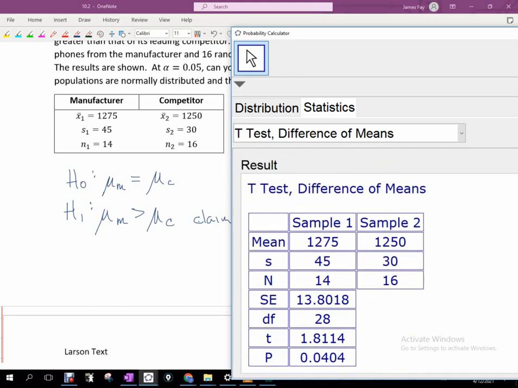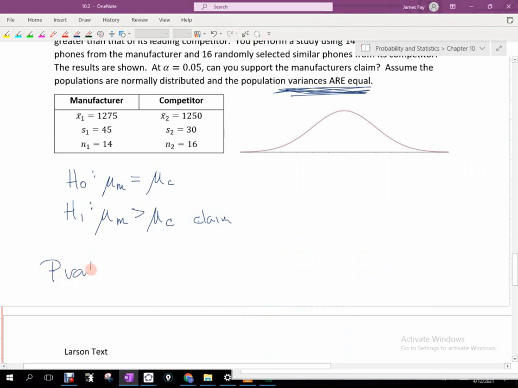So now I come down and I'm going to look at my p-value. Okay? Alpha was 5%. Comparing the p-value to alpha, p-value is 0.04, alpha is 0.05. P-value is less than alpha.